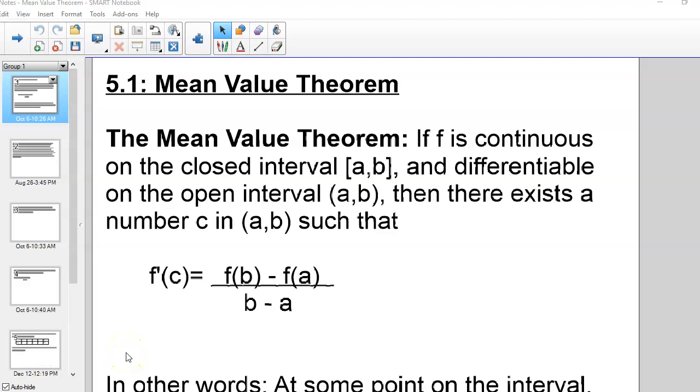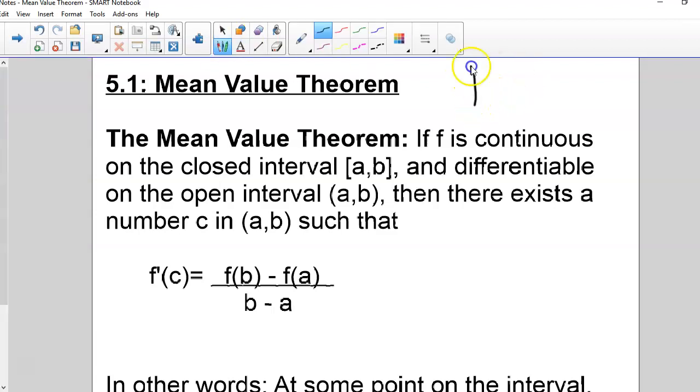Mean value theorem. So far, the important theorem that we have talked about has been our intermediate value theorem. We've used it several times. The intermediate value theorem tells us if we have a point here and a point here and the function is continuous, then it's got to cross a point in between there at some point.